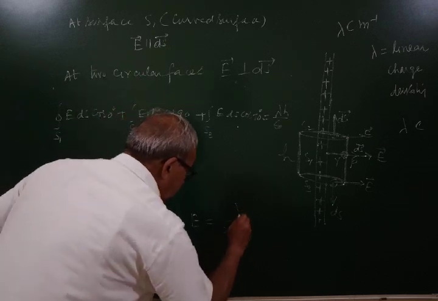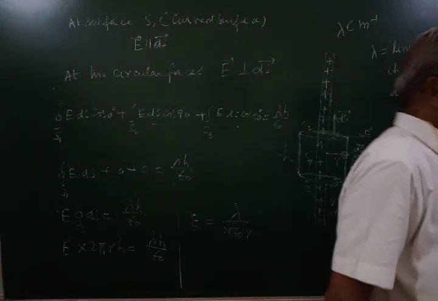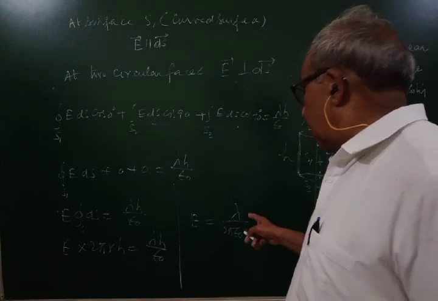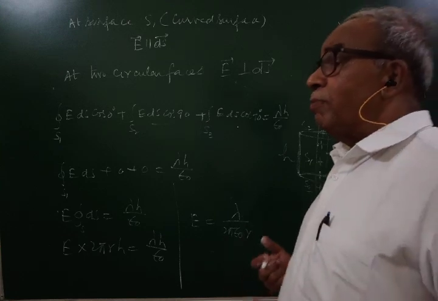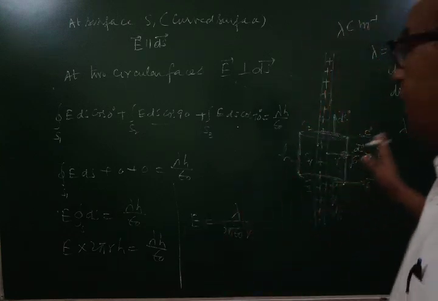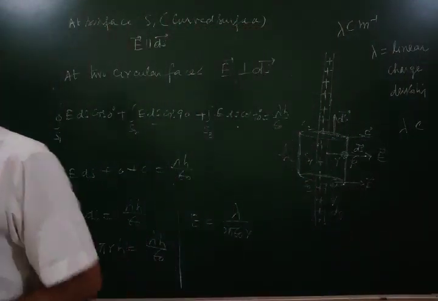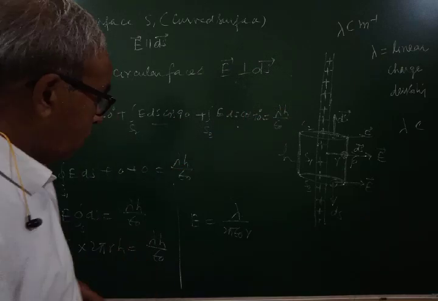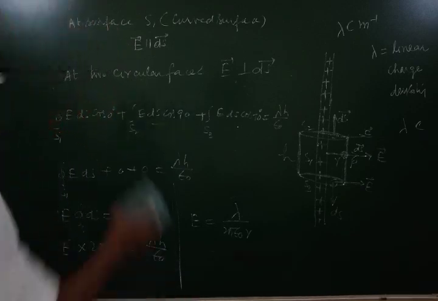What is lambda here? Charge per unit length. While finding the electric field numerically, lambda should be placed in coulomb per meter. Generally, coulomb is a very big unit and linear charge density may be given as 100 microcoulomb per meter, so microcoulomb is converted to coulomb, and centimeter to meter. Now one thing more.